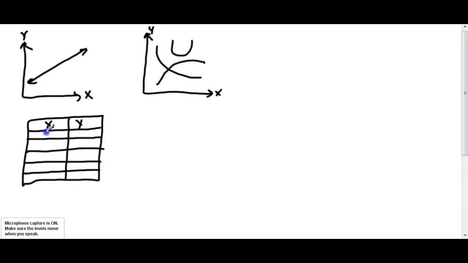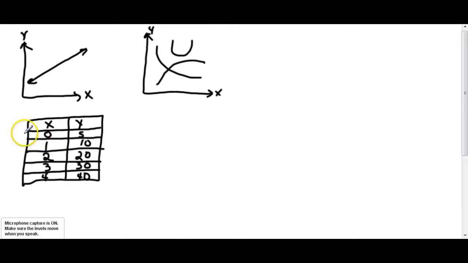Suppose we have 0 and 5, 1 and 10, 2, 20, 3. Now these are just numbers, no units to them at all. It's just an example. 4 and 40.